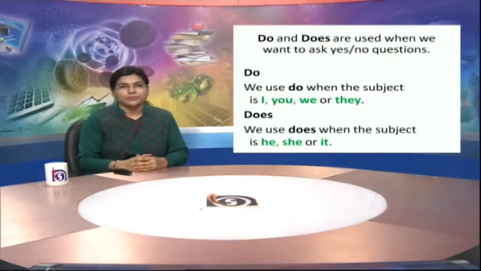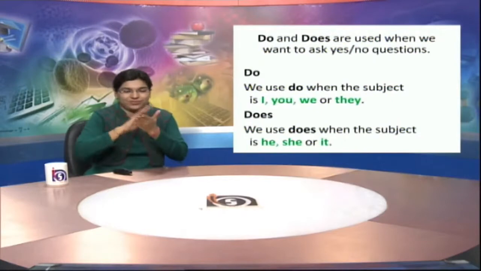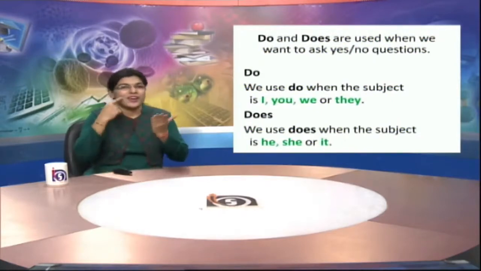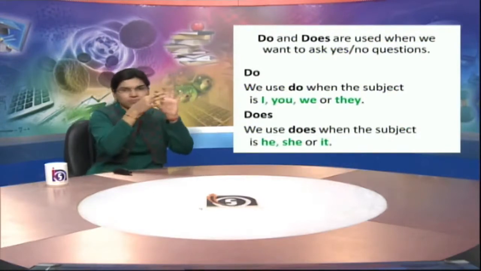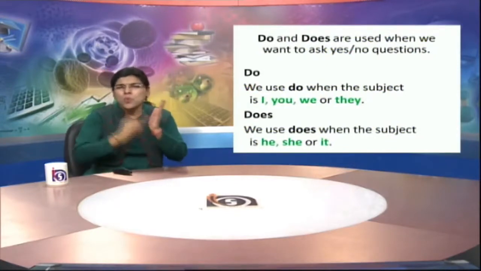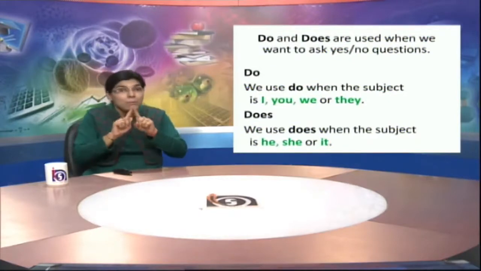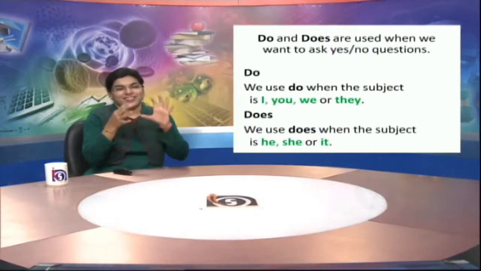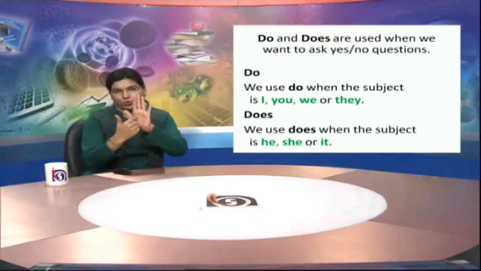And in does, what are the words used in the sentence? He, she, or it. These are connected to does, used in the sentence of does. I will explain you further.